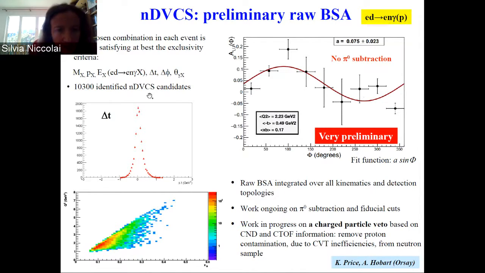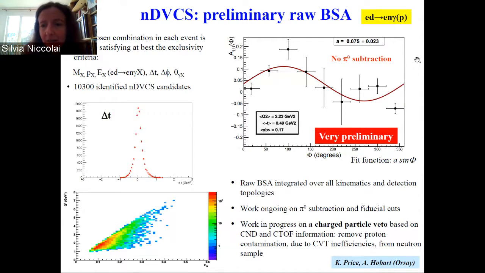Here is an example of how the delta T distribution looks after application of exclusivity cuts on the other variables. And below, you can see the kinematic distribution of the final selected sample of events. The average Q-square is about 2.2, X-Bjorken 0.17, and minus t 0.49.